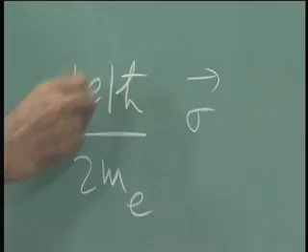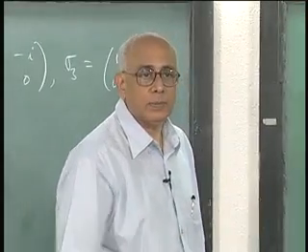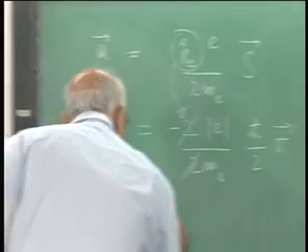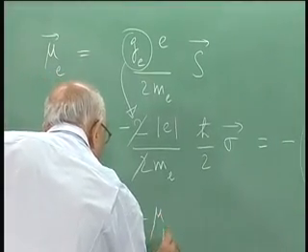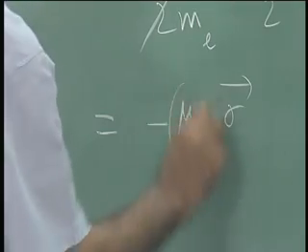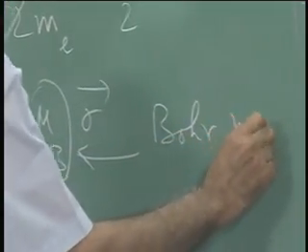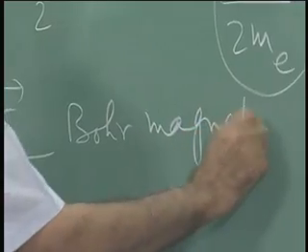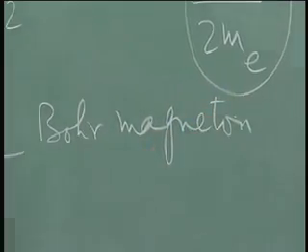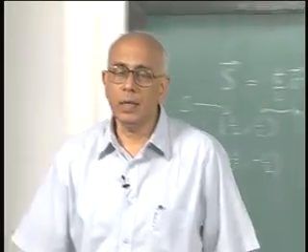And of course you are familiar with this object. That thing is the Bohr magneton. So you could write this as equal to minus mu Bohr times sigma, and this is the natural unit of magnetic moment which you get for a particle of charge e and mass m sub e.